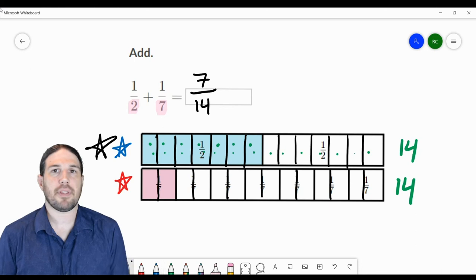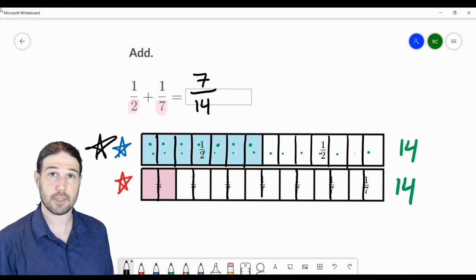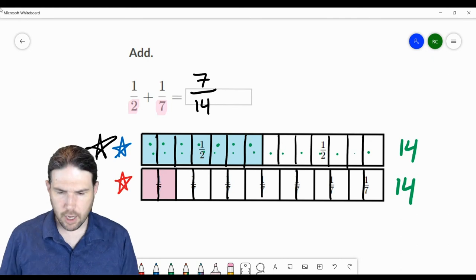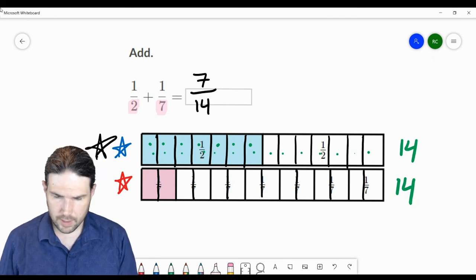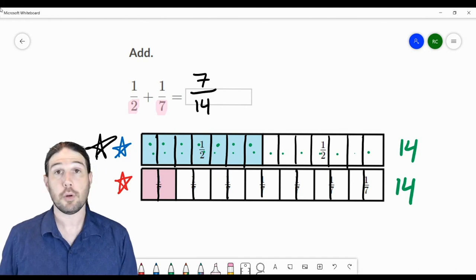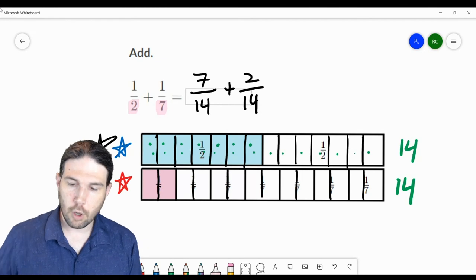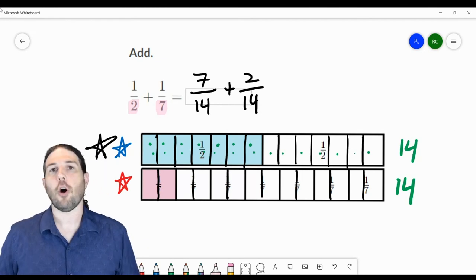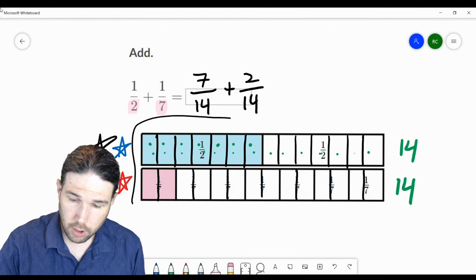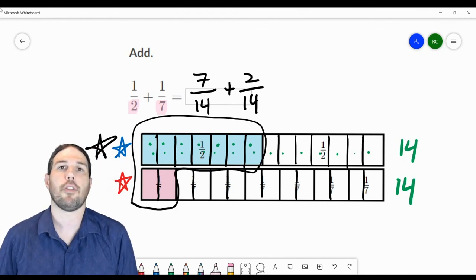Again, they're the same thing. 7 over 14 is just one of 1/2's many forms. And how about this cake on the bottom? Well, there are still 14 equal pieces, and only 2 of them are shaded, so that's 2 over 14. And then all we have to do is take all of our pieces and put them into one group and count them again.